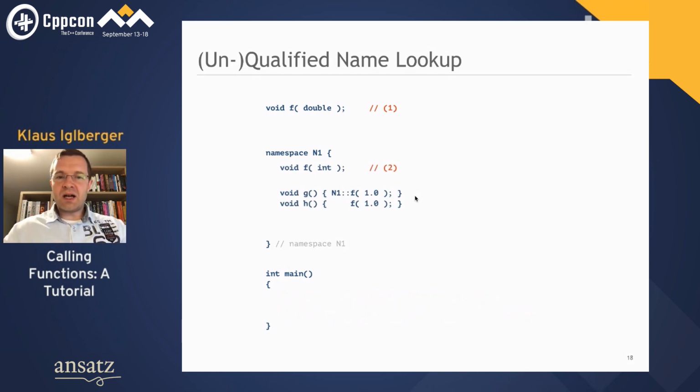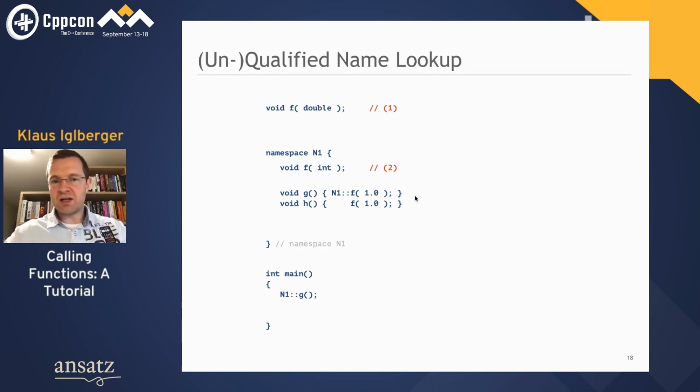Now let's assume that I get my function 2 back, but that I have two additional functions, g and h. g calls n1::f, h calls f without qualification. Both use a double argument. The first function I call is the function g from the n1 namespace. It uses qualified lookup, and for that reason will definitely call function 2, despite the fact that the double now, of course, has been squeezed into an int.